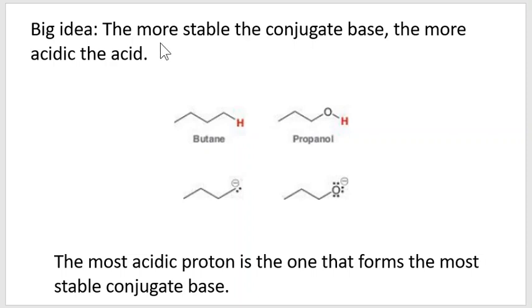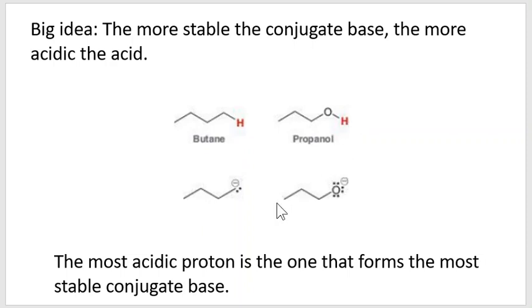The reason that we can do this is because the more stable the conjugate base, the more acidic the acid. And we can look at a compound and make some judgments about the relative stability of the conjugate base. So for instance, if we compare butane and propanol, we would write the conjugate base of each of these compounds, where butane would donate a proton as an acid, and propanol would also do that.